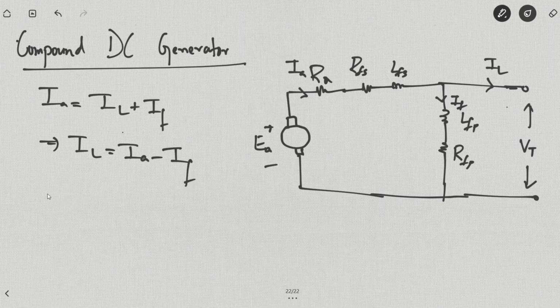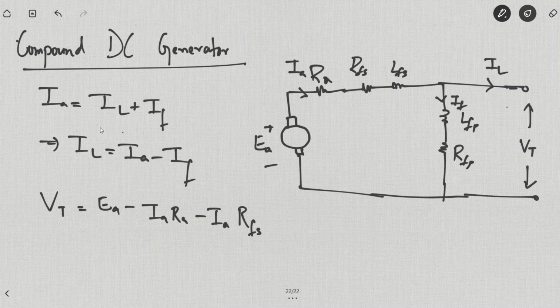And looking at the EA versus VT relationship, VT is equal to EA minus IA RA minus IA RFS. So this is your VT equation. We can also find out IF using VT by RFP.